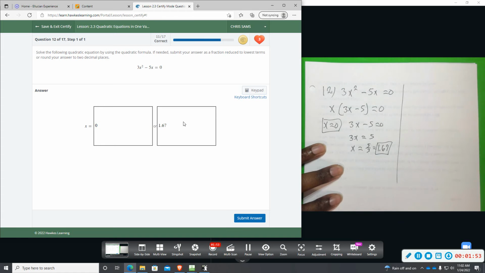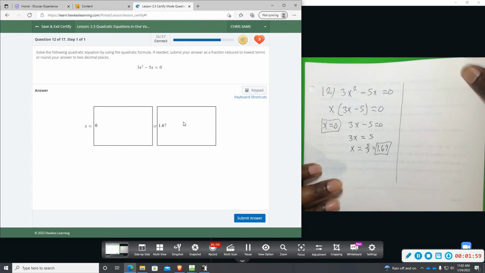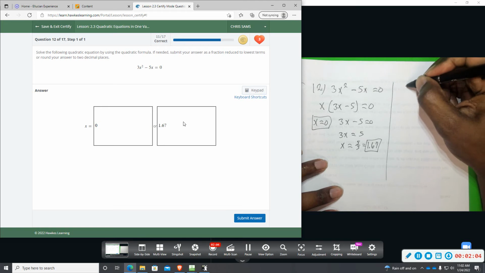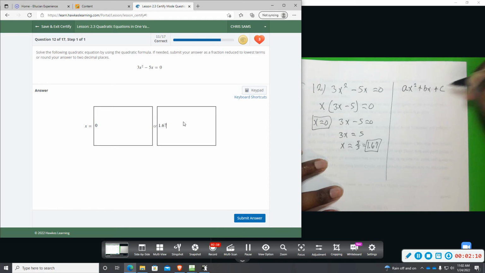Quadratic formula. You need to memorize this formula. I think your textbook shows the proof of it, and I may actually do a video of it because I like it now that I understand it a little bit better. It's ax squared plus bx plus c, the standard form of a quadratic equation.